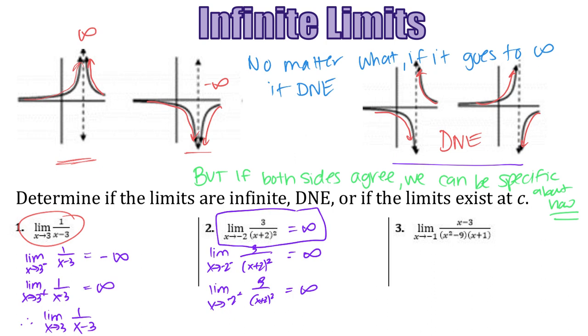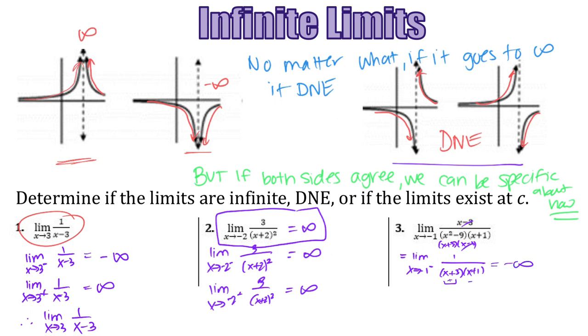I'm going to start by actually simplifying this function. I know that this factors to be x plus 3 and x minus 3, so I can simplify this function. So this limit is going to equal the limit as x approaches negative 1 of 1 over (x plus 3) times (x plus 1). Let's look at that limit from the left. If I have something slightly smaller than negative 1, this is going to be a positive number, but this will be a negative number.